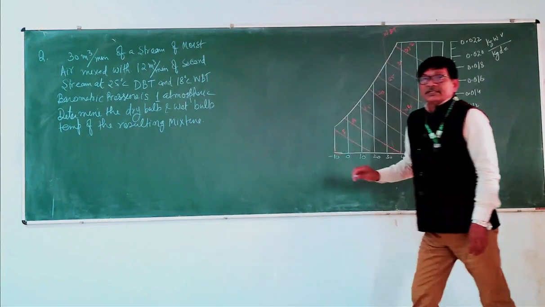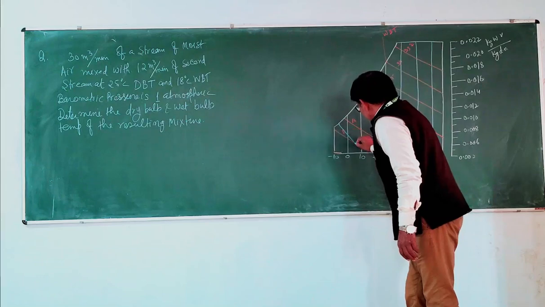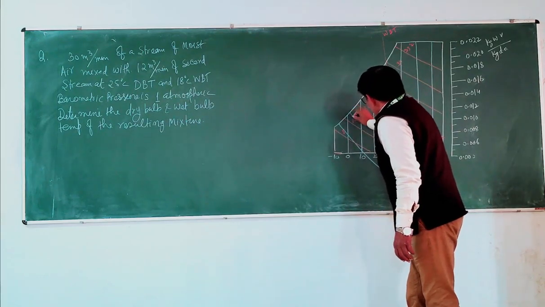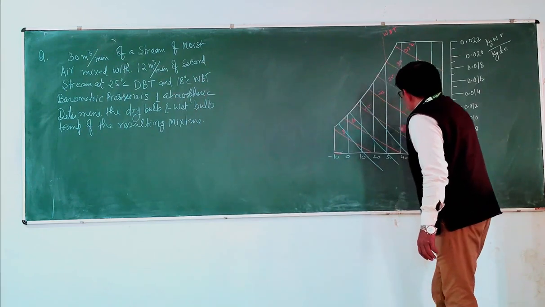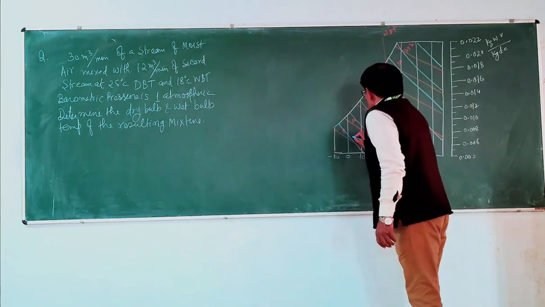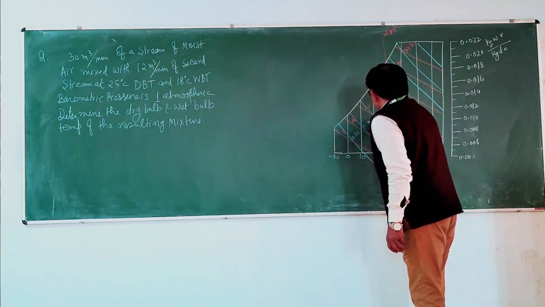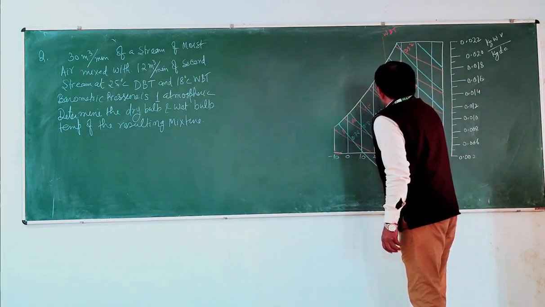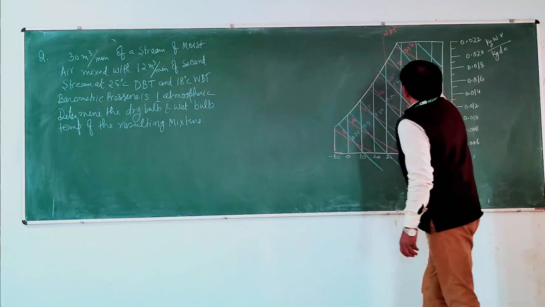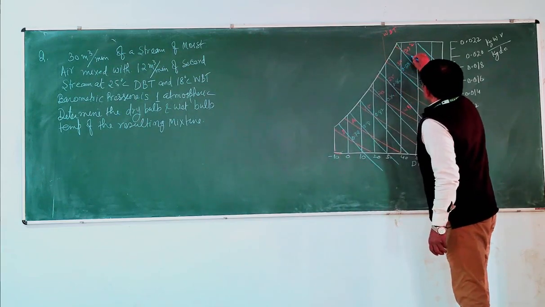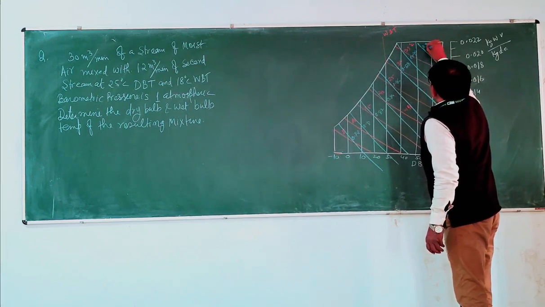They are almost 60 degree inclined. Specific volume lines. I will extend up to here so that you can easily get an idea. They are 0.78, 0.8, 0.82, 0.84, 0.86, 0.88, 0.9, 0.92.